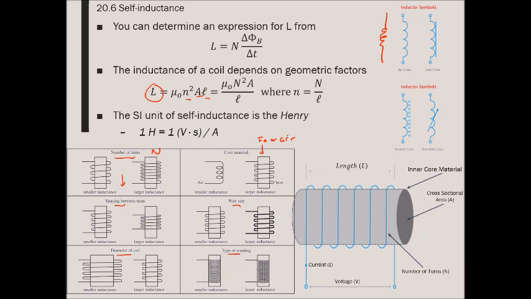Really the core material, the cross-sectional area, and the number of turns are the ones we're going to look at, mostly the area and the number of turns. In here we could put a dielectric constant for the core material, but your book doesn't get that far. So we're just going to stick with the basic properties of the number of turns, the length, and the area.